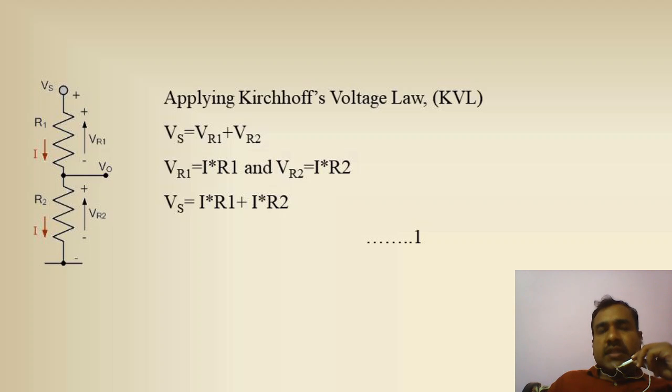Since R1 and R2 have been connected in series, the total resistance R total is equal to R1 plus R2. What is the applied voltage? It is Vs. Can you find out current? Yes. I is equal to V by R, that is Vs divided by R1 plus R2, the total resistance. Now Vs is equal to IR1 plus IR2, that is equation number 1.